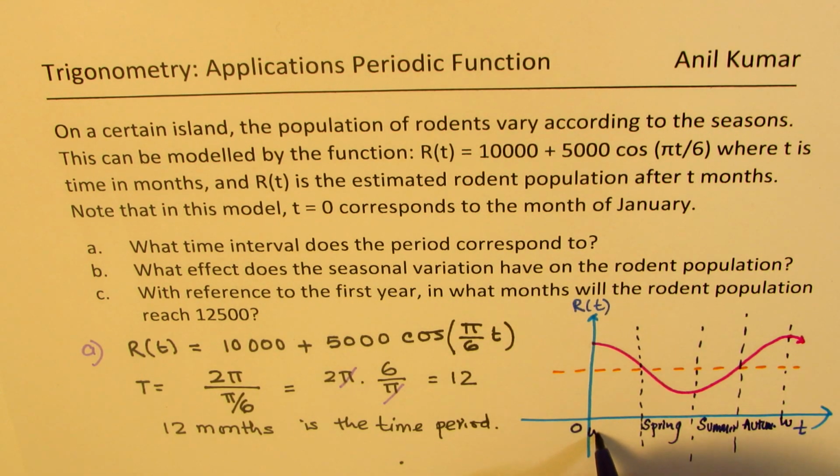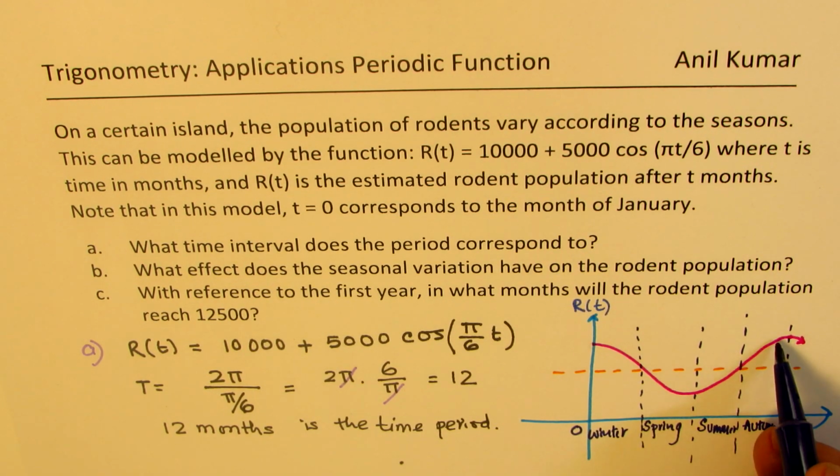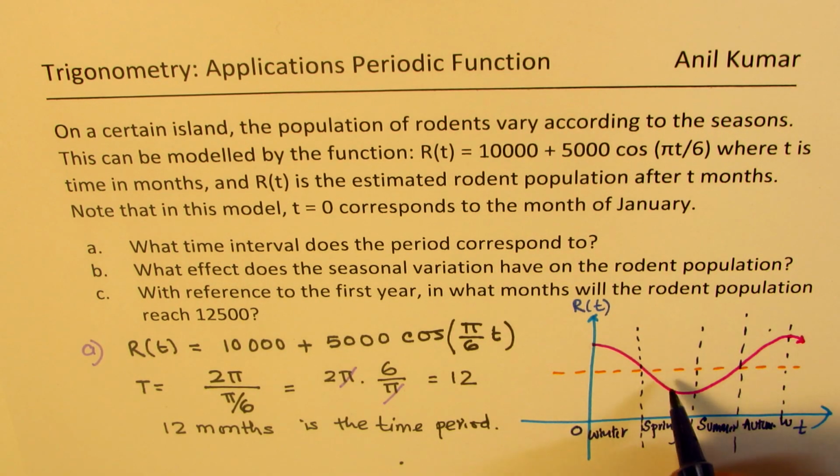So let's call this winter, which starts kind of here, not exactly, but approximately. So that is how you could see the seasons. We'll take North America as an example with 4 seasons.